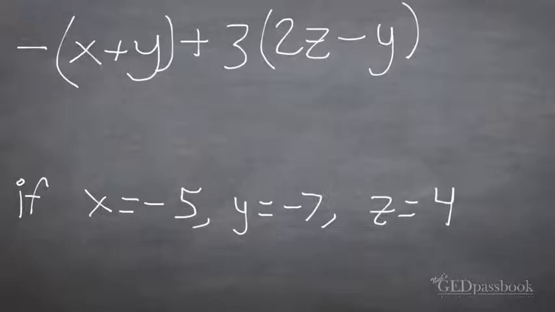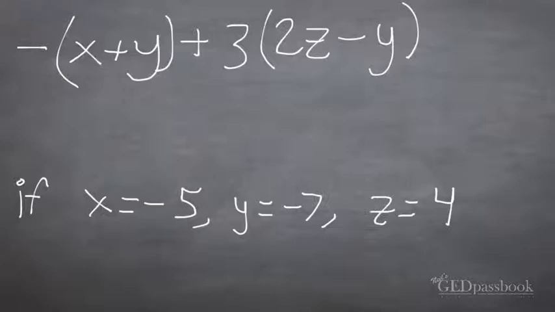There you go. Here's a nice looking expression, and it wants you to substitute x, y, and z with -5, -7, and 4. So get those numbers and put them into their proper place. Take 2 or 3 minutes to try to do it.